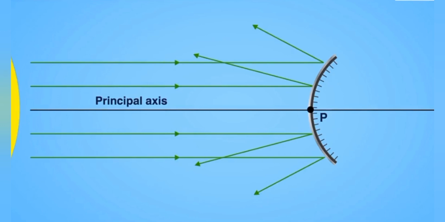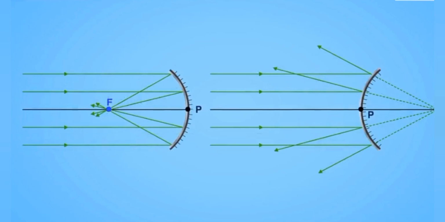The reflected rays appear to diverge from a point on its principal axis behind the mirror. This point is known as the principal focus of the convex mirror. The distance between the principal focus F of a mirror and its pole P is known as the focal length of the mirror. It is denoted by the small letter f.